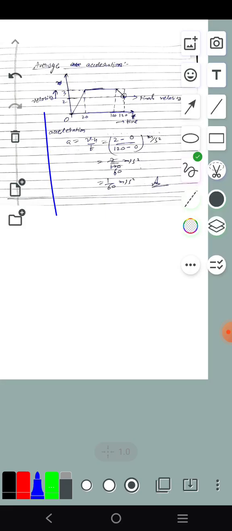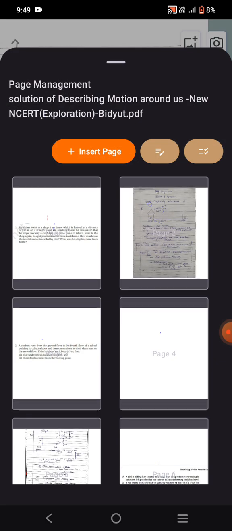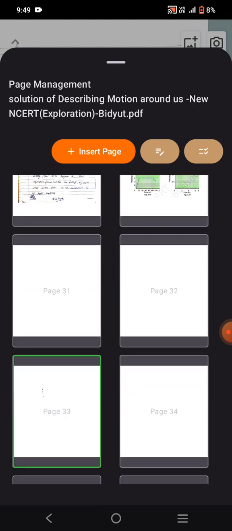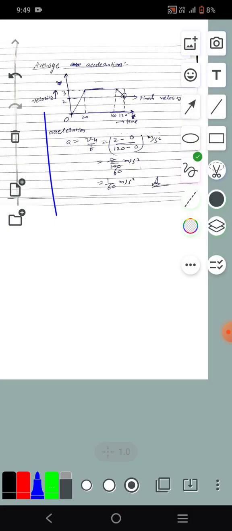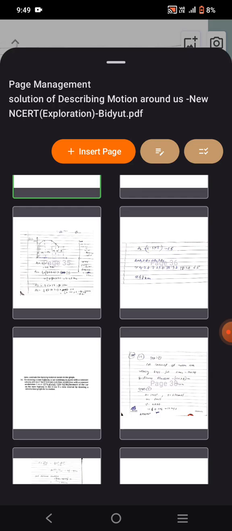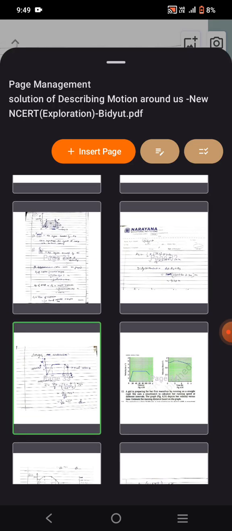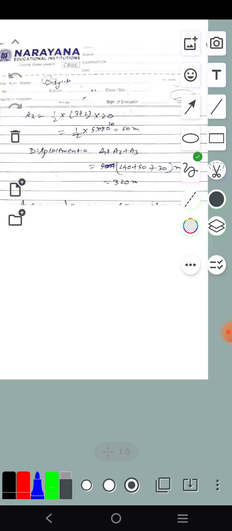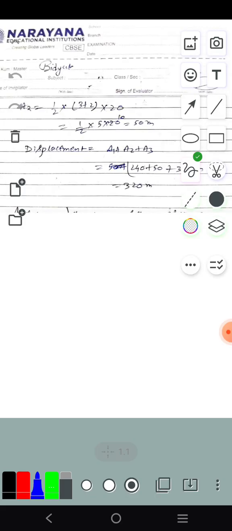See, half into 3 plus 2, the sum of the parallel sides, into 20, so half into 5 into 20, 50 meters.